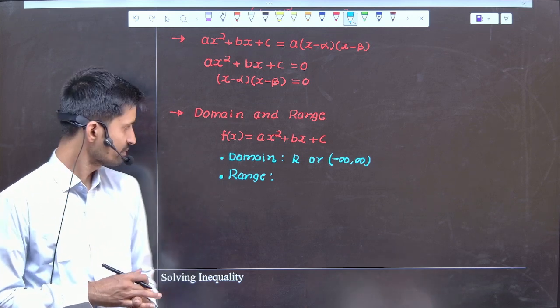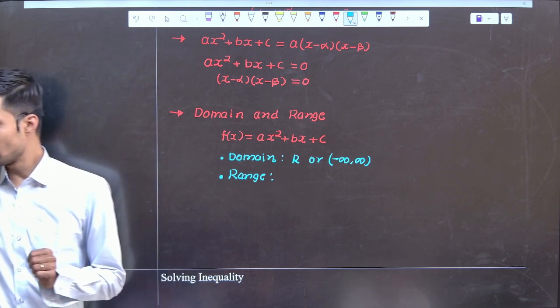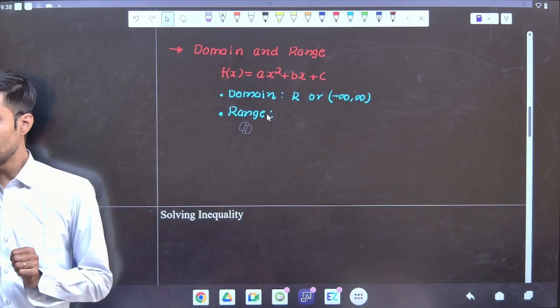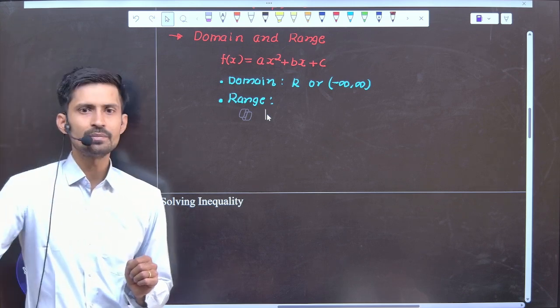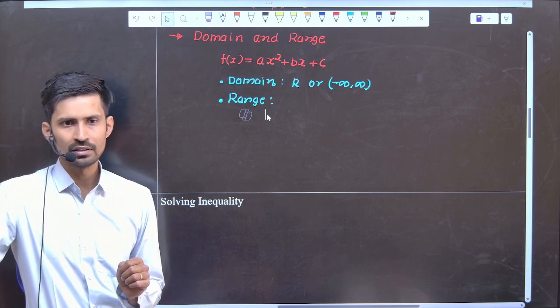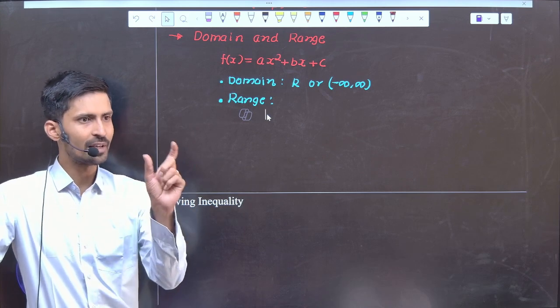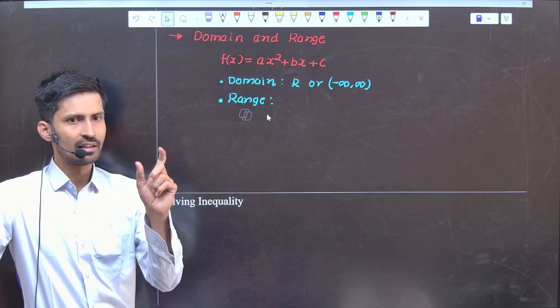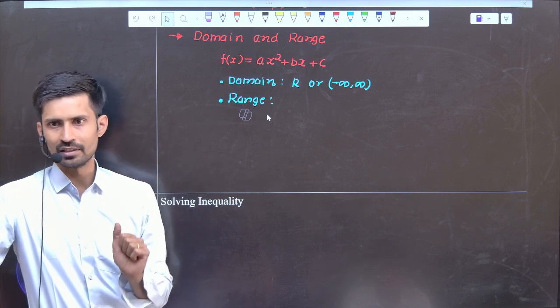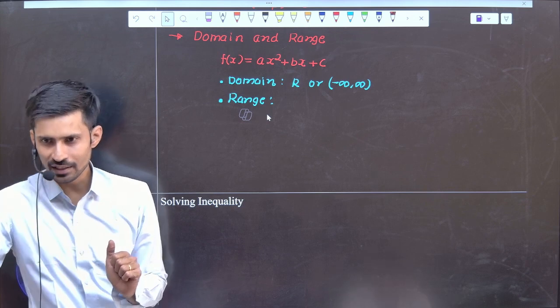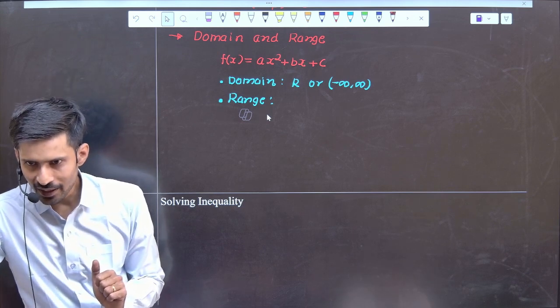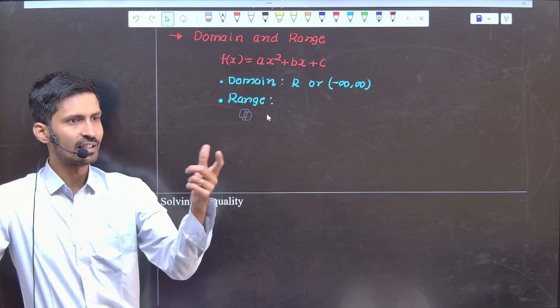Yes, na? So now, everyone knows the meaning of range, na? What is the meaning of range? Output. See, some expression is there. That expression is representing a number. Yes or no? But that number we cannot see until we give input.